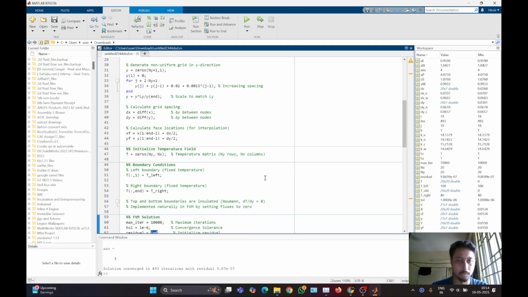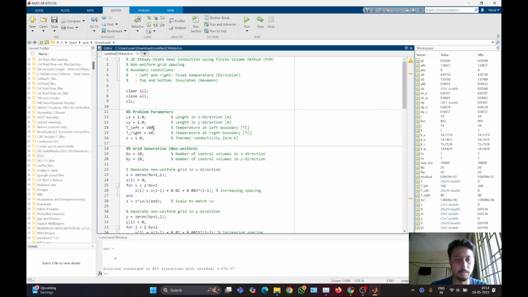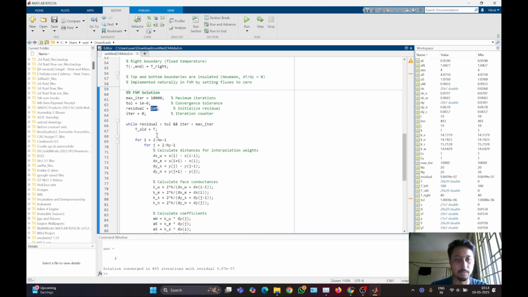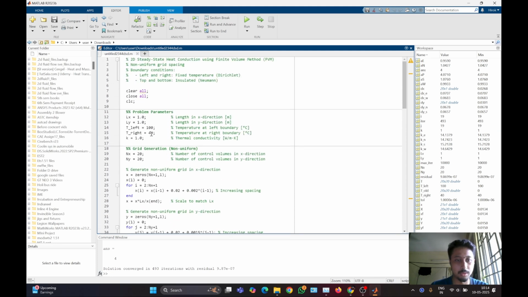Here we will move on to the next part, which is the initialization of the temperature field. We have taken the starting temperature of each grid point at 0 degrees centigrade in all directions. The next is our boundary conditions. Here we have taken our left boundary at a fixed temperature of 100 degrees centigrade, and our right side at a fixed temperature of 40 degrees centigrade.